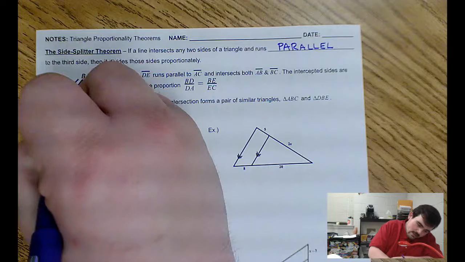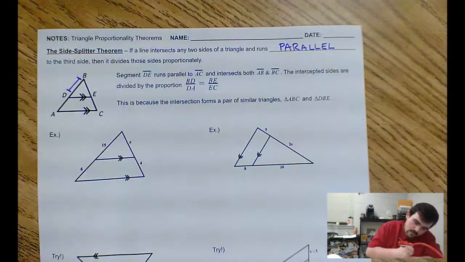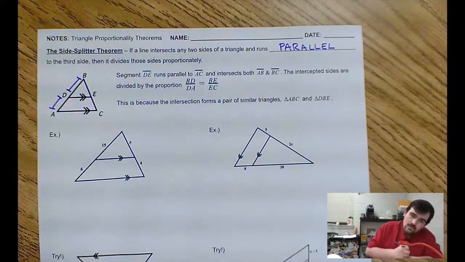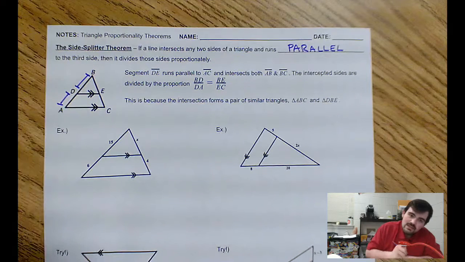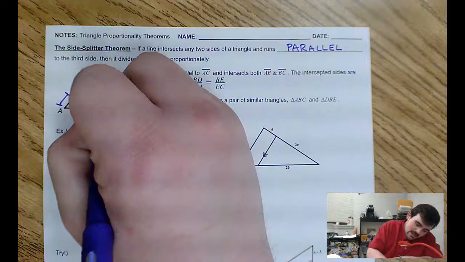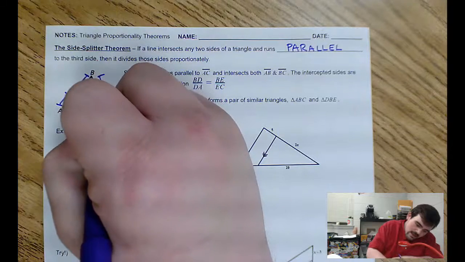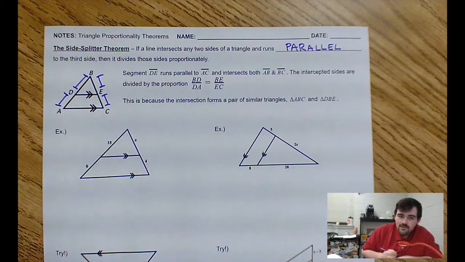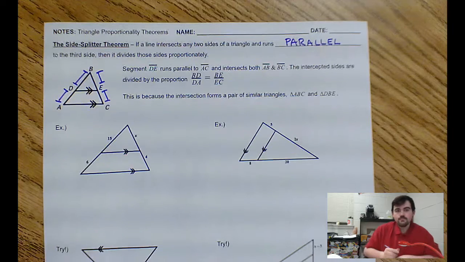This distance, BD, over this distance, DA, whatever that proportion is, this distance, BE, and EC, these distances will follow the same proportion. So, no matter what, those values will always have the same ratio.